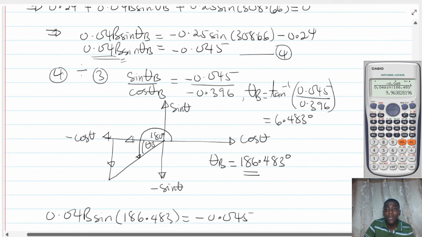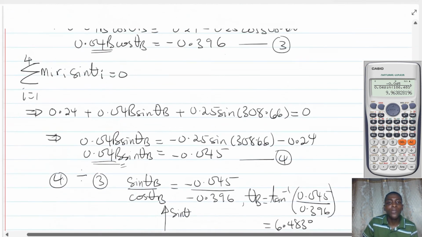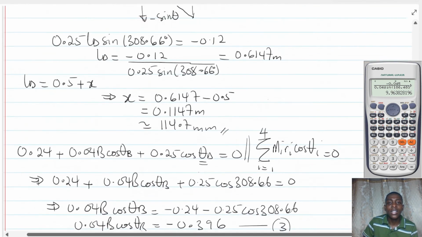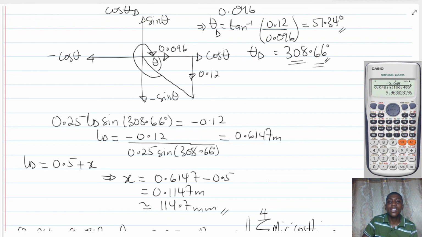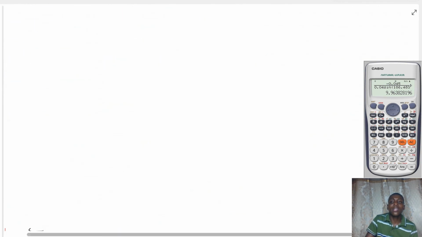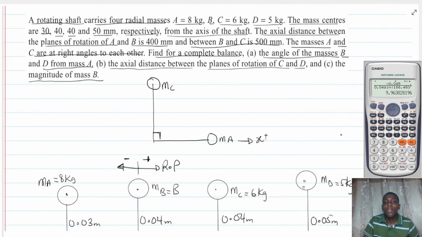The angle of B from the positive x-axis is 186.483, and theta D, the angle of mass D from the x-axis, is 308.66. The distance between planes C and D is 114.7 millimeters. All right, so we've been able to solve the problem. Thank you very much for watching.